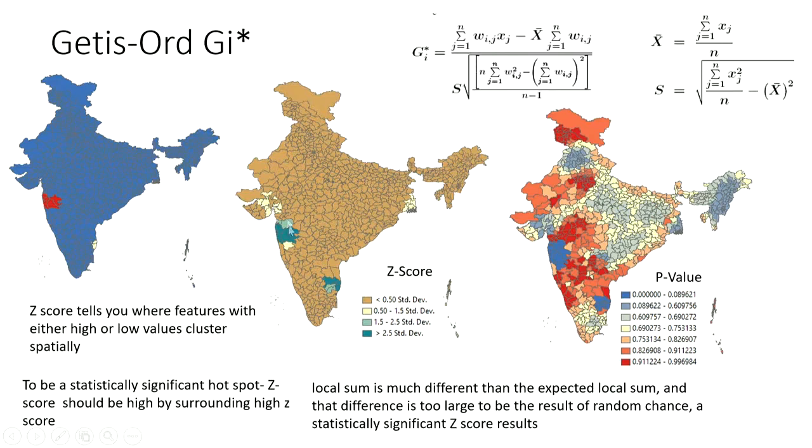So these are basically high Z score values, and we are also seeing that the p values are quite significant in those cases. So we can definitely say that these are a set of cluster points of different events.